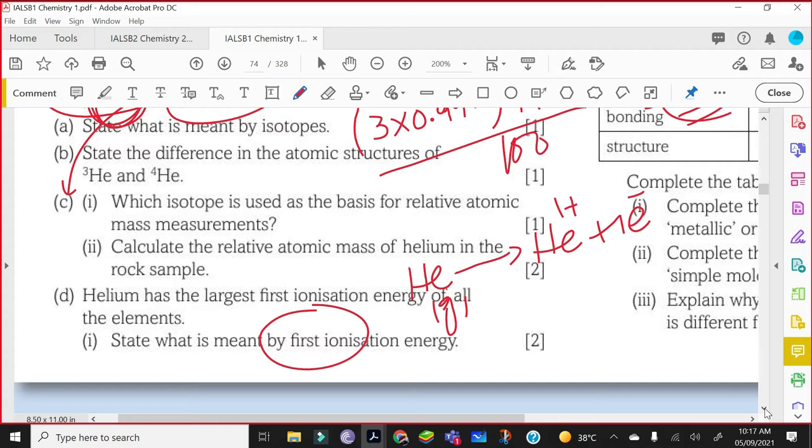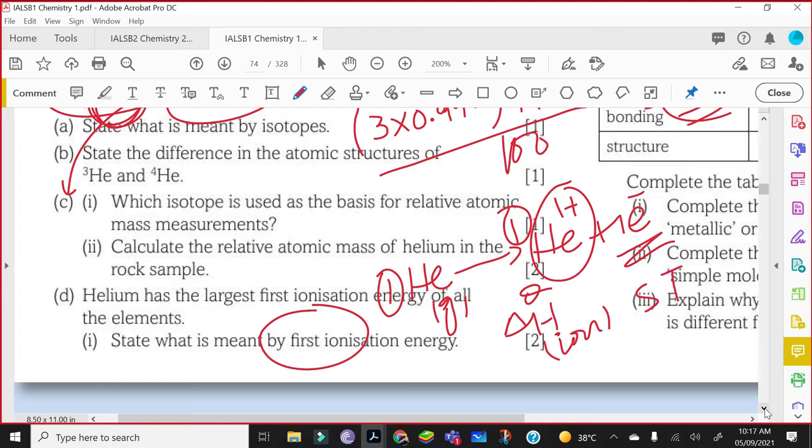But my definition is a little bit standard basic one. 1 mole of a gaseous atom is converted into 1 mole of gaseous cation by the release of 1 mole of electron. The amount of energy involved at that time is called ionization enthalpy at STP, standard temperature pressure.